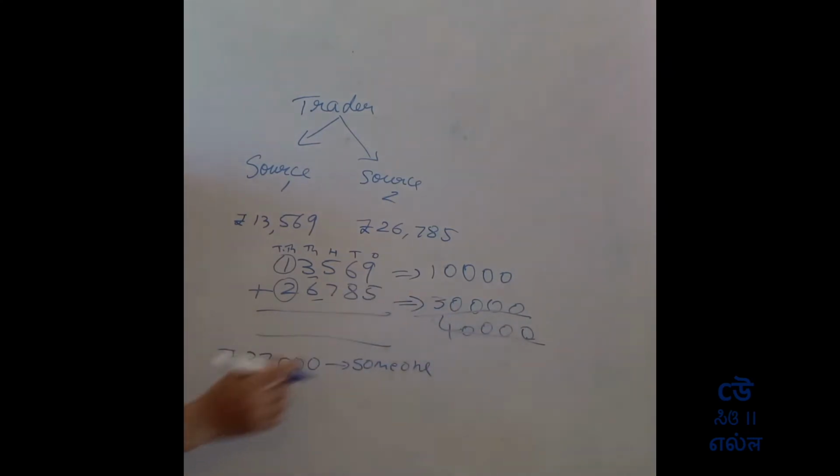So he approximately rounds off these numbers and takes an average of that number and feels happy, so that he wants to pay 37,000 rupees to somebody else by the evening, but he has 40,000 with him, approximately. So he is happy, so that he can pay that amount to someone.